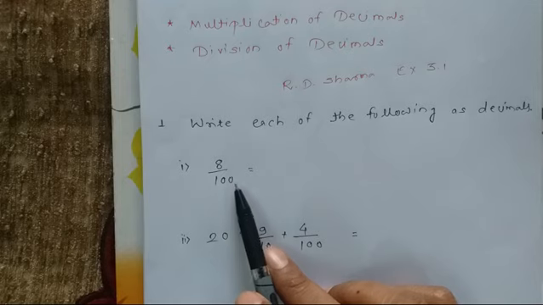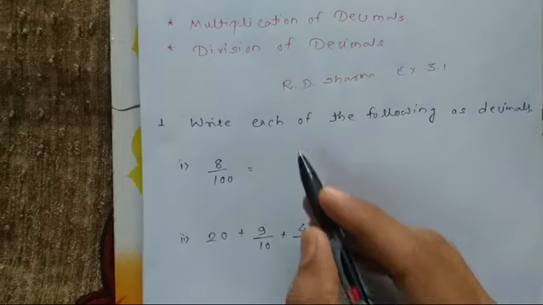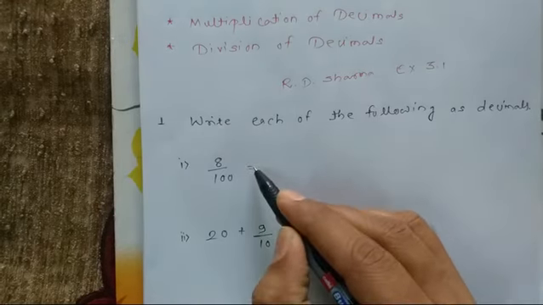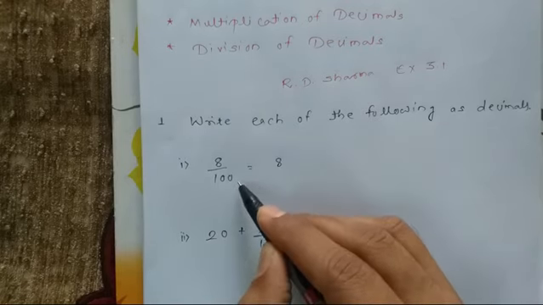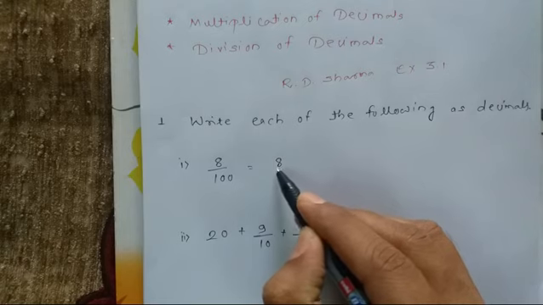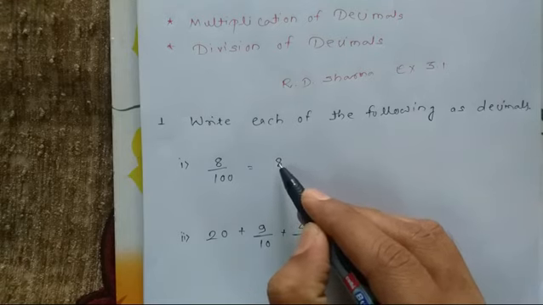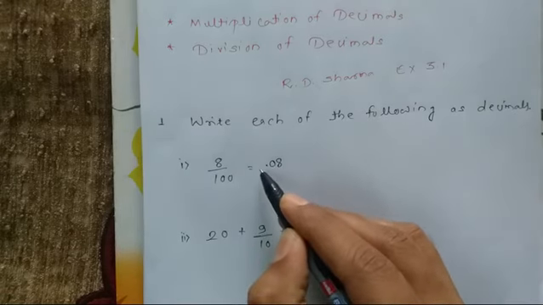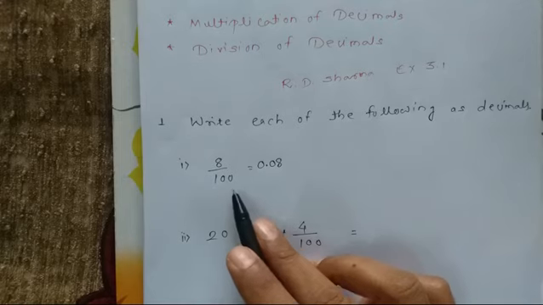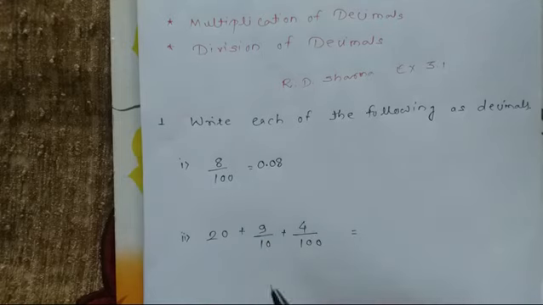Since there are two 0s in front of 1, first we write 8, and since there are two zeros, we give the decimal point after two places from the right side, that is 1, 2. Here will be the decimal point, and the conversion of 8 upon 100 will be 0.08.